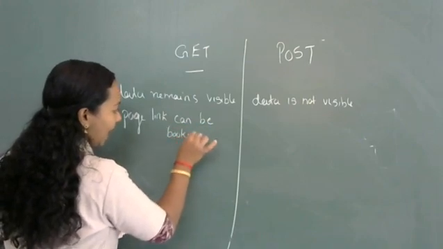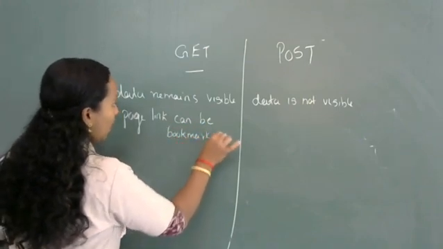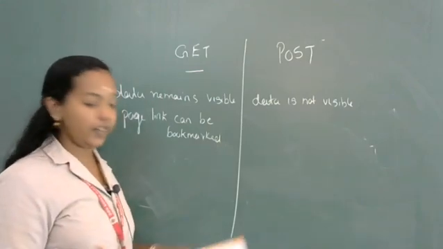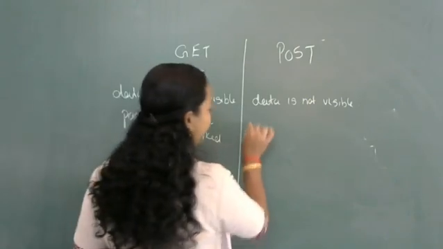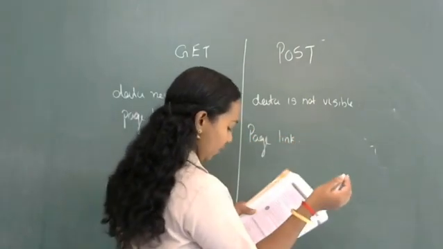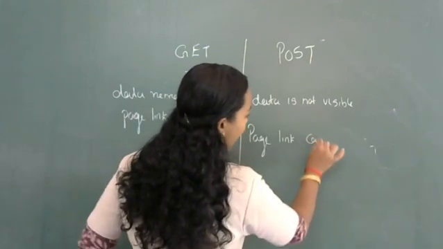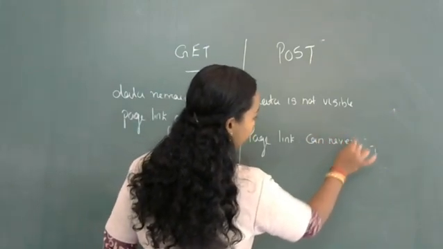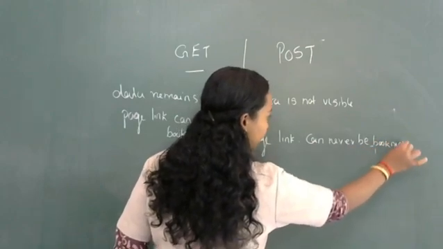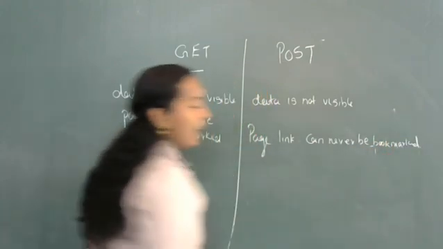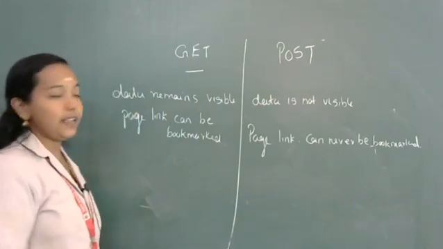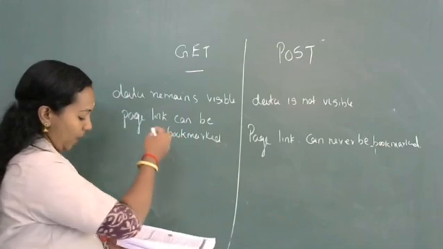Page link can be bookmarked because the entire data remains visible in the address bar. So we can easily bookmark. In post method, page link can never be bookmarked because the entire information is not present.